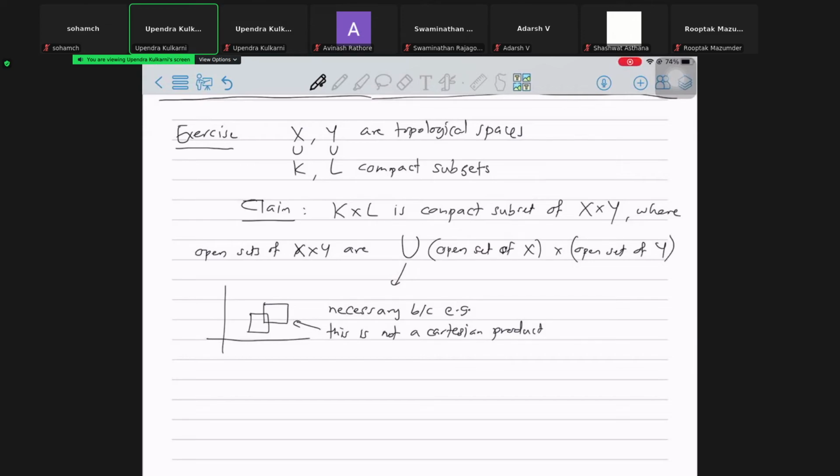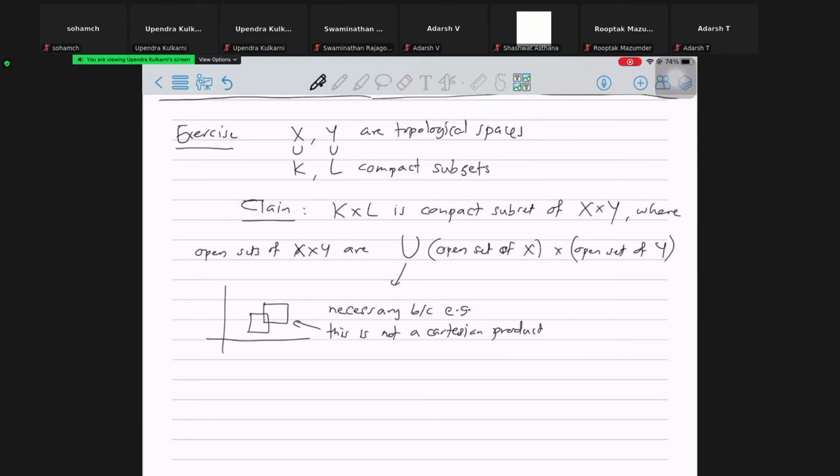That is how it is normally done. But you are right. If those two sets themselves are compact, I think the proof will just go through without the ambient space being compact. Yes, sir. Okay, sir. That was one question.